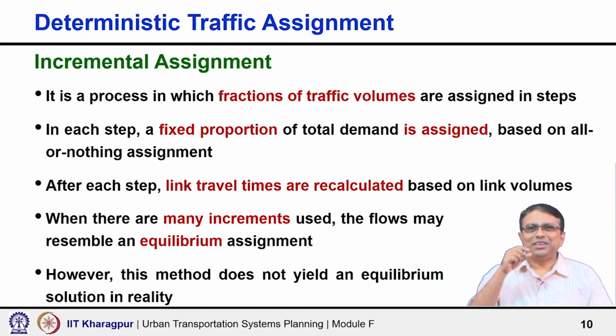We are doing it incrementally, so that the travel time is as realistic as possible. So, the solution has to be better, and definitely it will be better, but still there is no guarantee that it will be exactly user optimal, that the travel time on all alternative paths which are all used by the traffic will be exactly the same.